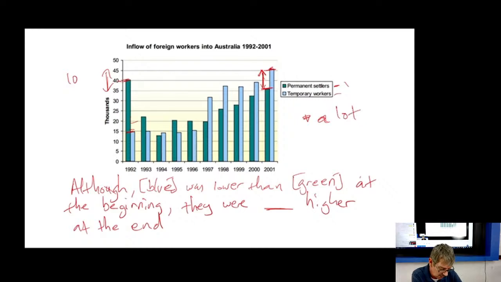All right, what's a word that you can use to describe quite a lot? Or a big change, a change by a big amount, so it doesn't have to be a lot. So a big amount, what's the word that you can use for that?